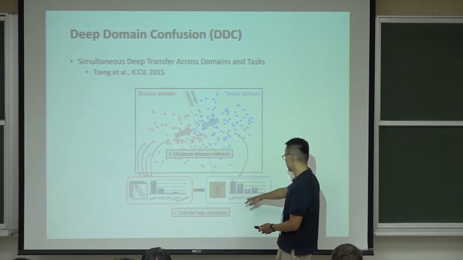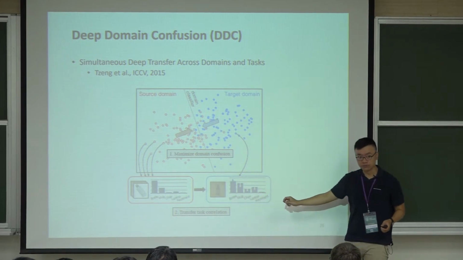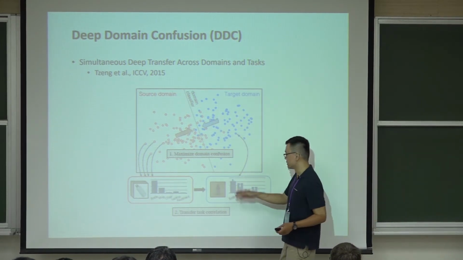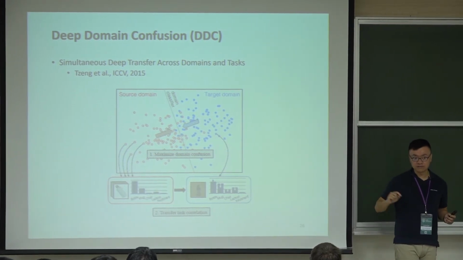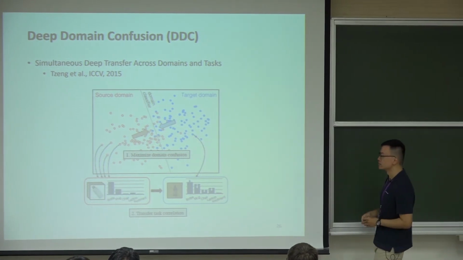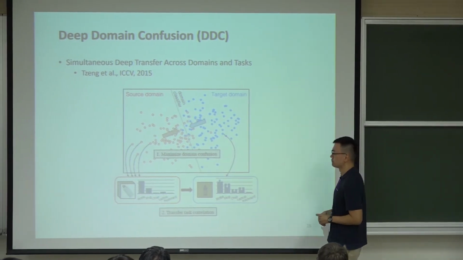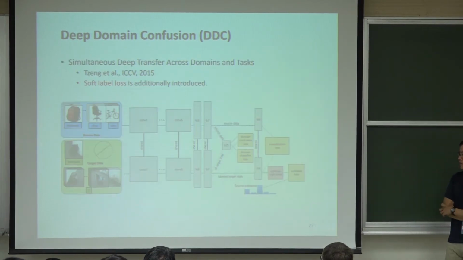Okay, so this is the visualization to see, for the same type of objects across different domains, whether they have similar confidences for the prediction outputs using their model. The idea is quite simple, right? Just the combination of classification and MMD.